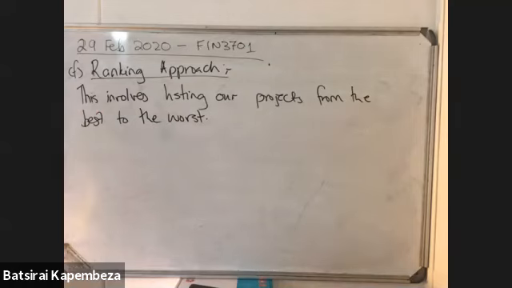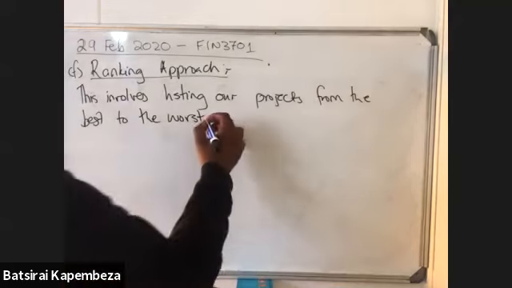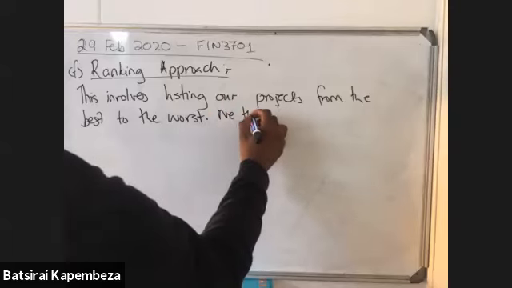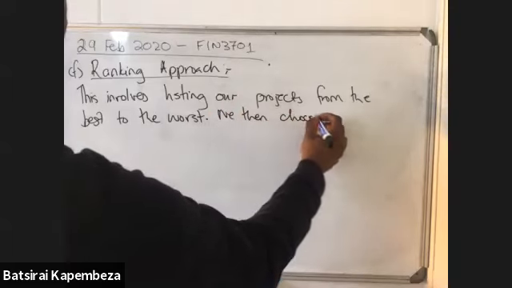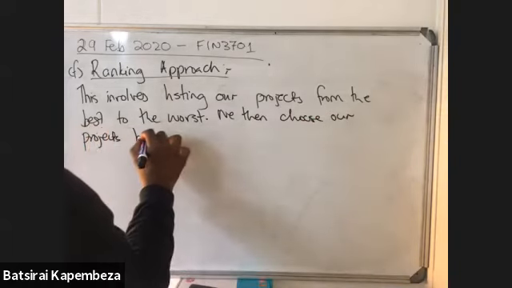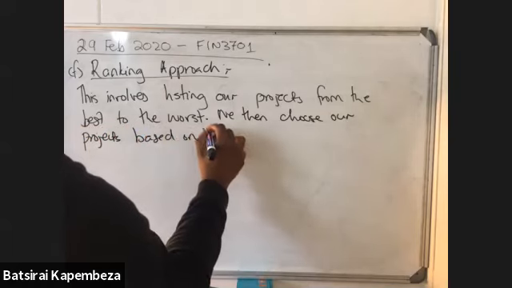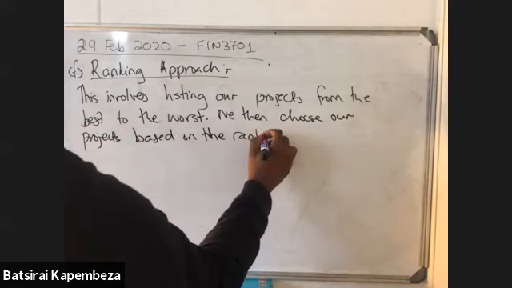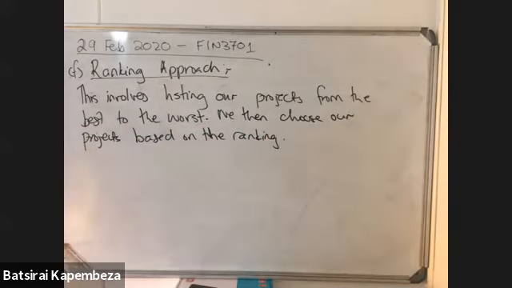For example, we have number 1, number 2, number 3, and then we choose our projects based on the ranking. Okay.